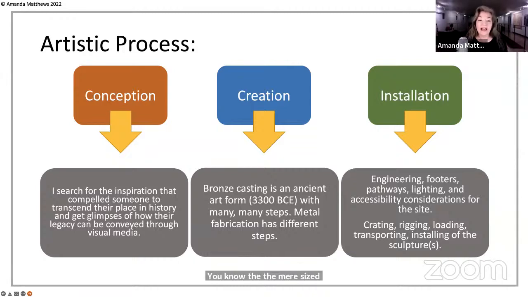For this, I really focus on the concept. And that's how I search for the inspiration that compelled someone to transcend their place in history, which clearly Natalie Blair has done in a million different ways, and then try to determine how their legacy can best be conveyed in a visual media.